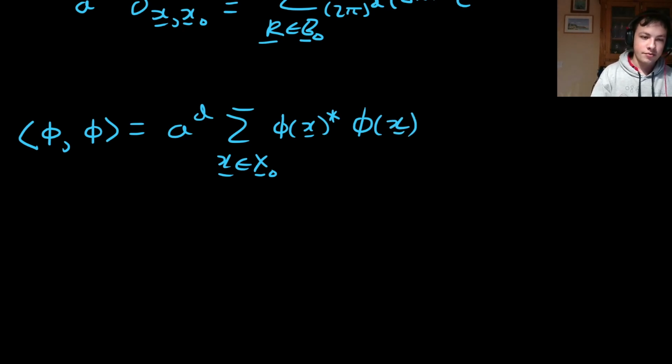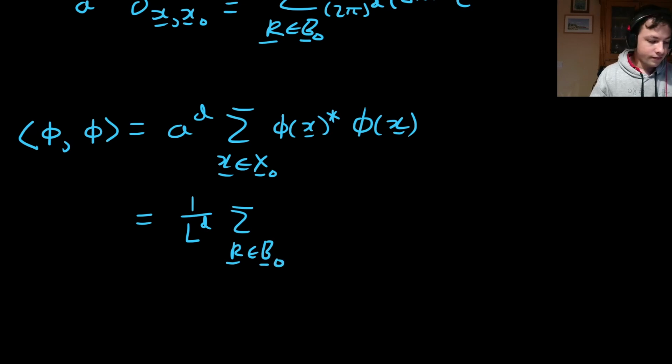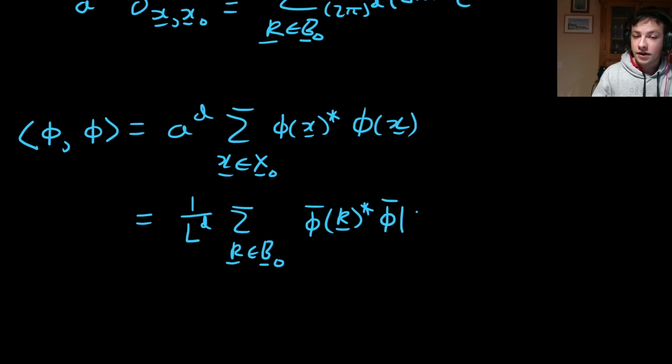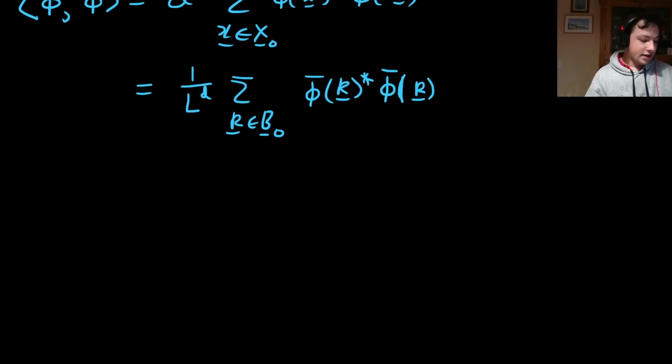We could do this for any dot product, but we're just looking at the Plancherel identities, which tell us about just the sums of squares or modular squares. And this is also 1 over L to the D sum over k in B naught of phi bar k star phi bar k, just by doing the dot product of the f_k basis vectors.